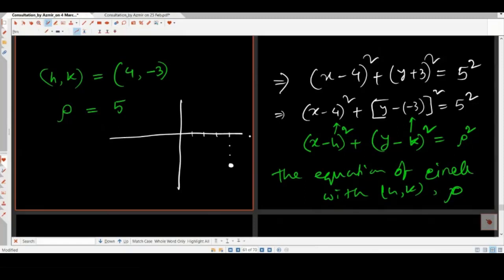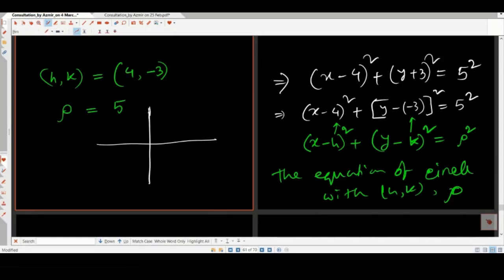This is the center. So this is our center and the radius is 5. You can draw by freehand. 1, 2, 3, 4, 5. 1, 2, 3, 4, 5. So we have found the circle.